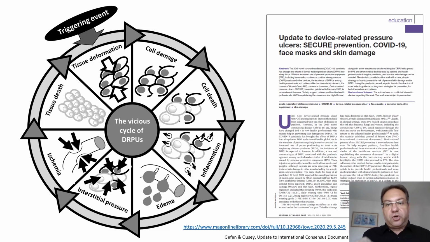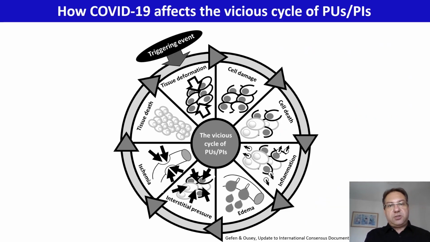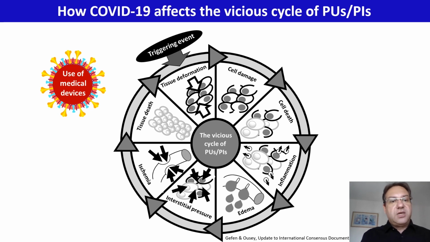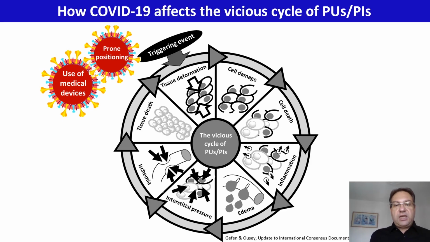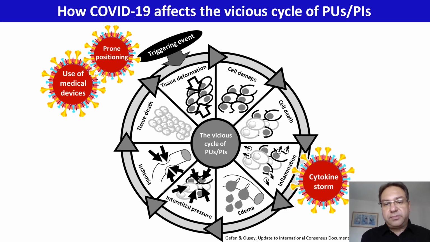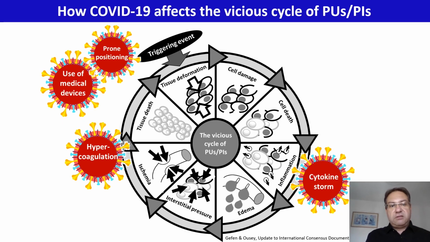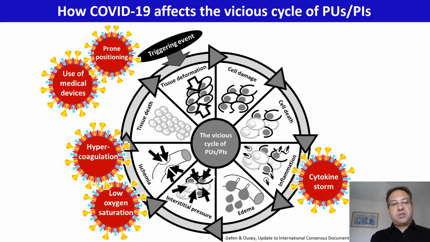This kind of describes not only the vicious cycle of device-related pressure ulcers or pressure ulcers in general, but also the role of computer modeling in looking at the triggering event, which is the exposure to tissue deformation, not to mention, again, the circumstances that COVID has brought of intensifying that exposure to tissue deformations by use of medical devices, the prone positioning, and the effects on the other components of the vicious cycle, such as the cytokine storm that affects the inflammation, and the vascular effects on coagulation and obviously oxygen saturation.